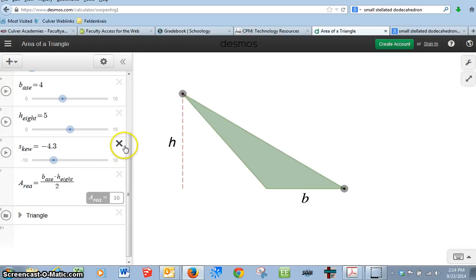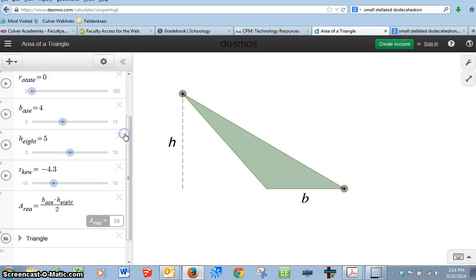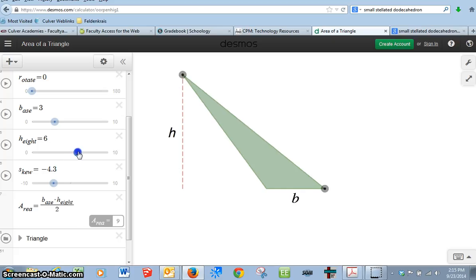Now maybe that won't always work. Maybe if the base is 3 and the height is 6, my area now is 9.